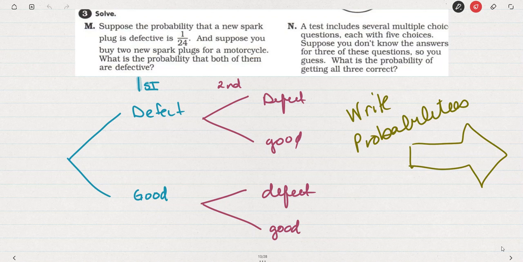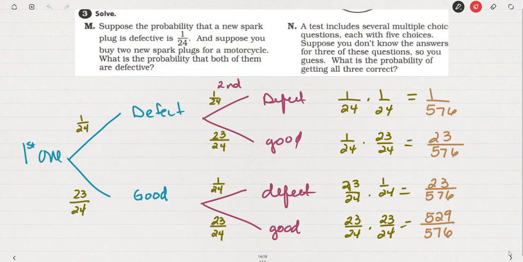Let's look at this next case. Suppose the probability that a new spark plug is defective is 1 in 24, and suppose that you buy 2 spark plugs. So for the first spark plug we pull out, it could be a defect or good. And for the second, again, it could be a defect or good. Writing the probabilities in, we'd have 1 in 24 for a defect, 23 in 24 that it's good.